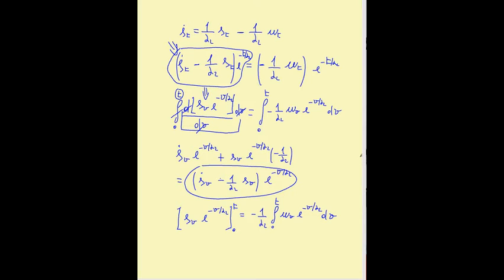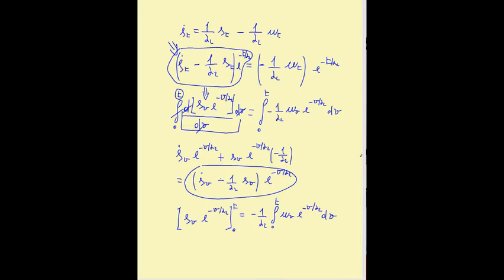The first side of this part is the value of this function on t minus the value of the function on 0.